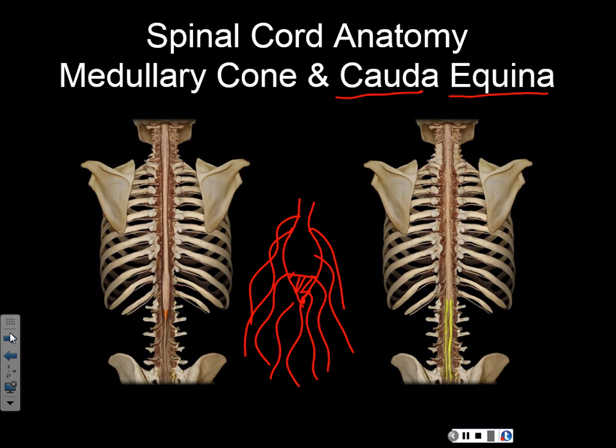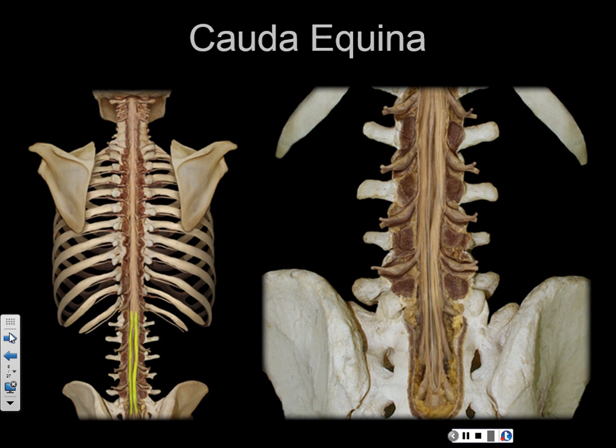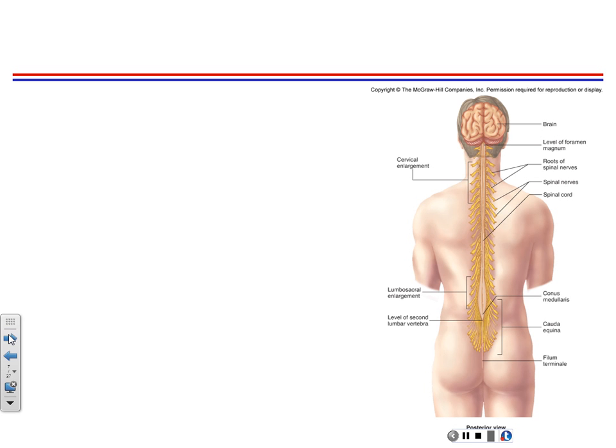So sometimes in the exam I ask you to talk about these characteristics of the spinal cord, right? So that's what you talk about: all these enlargements and all these regions, and some of the specialized ends, like the tapering end of it called the conus medullaris or medullary cone. So this is the cauda equina, and it actually looks like the horse's tail. That's why it's called cauda equina.